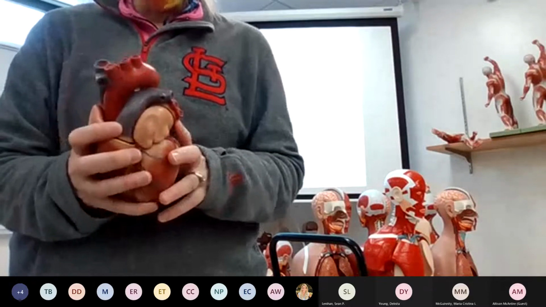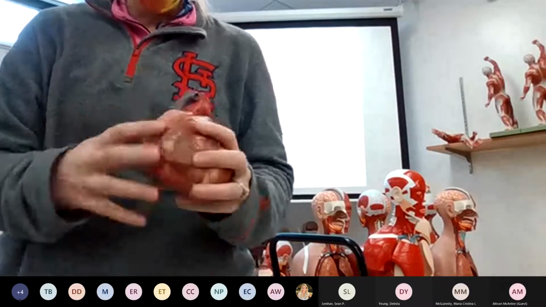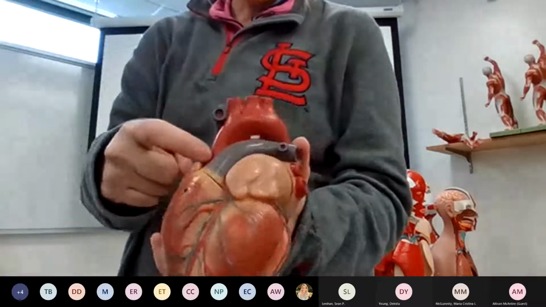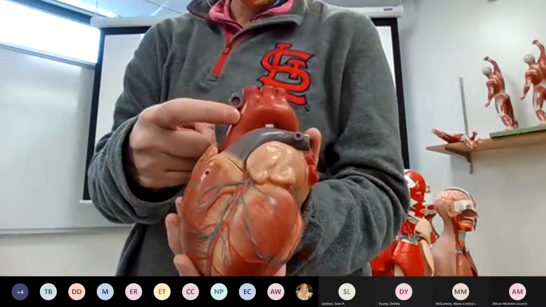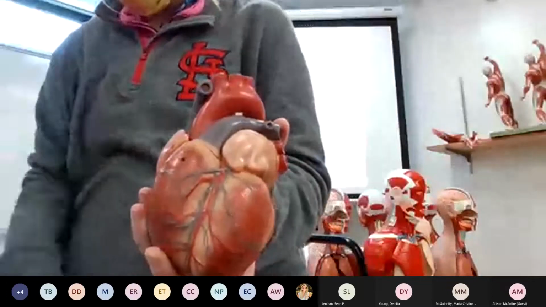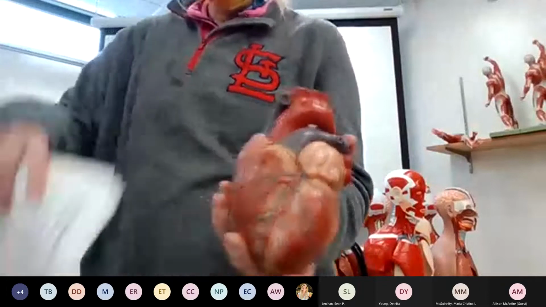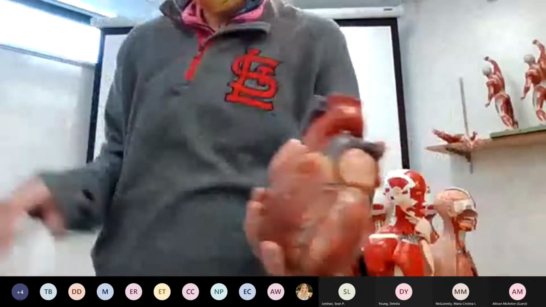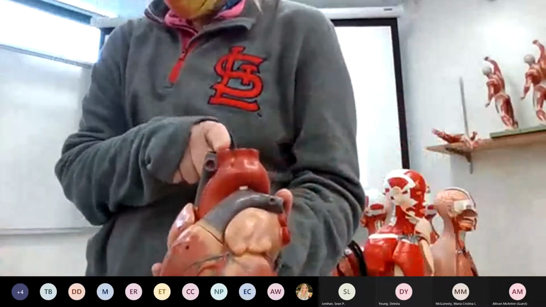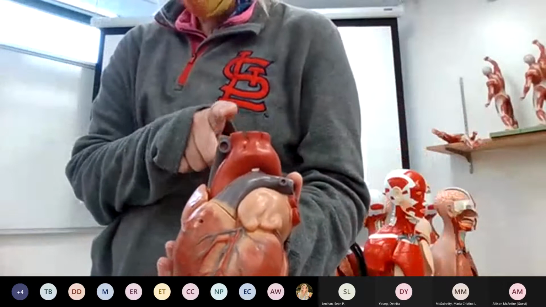Okay, so again, coming off the aorta here, the first vessel, and this is beginning to be the page in your lab manual. Coming in this page, the first vessel is your brachiocephalic artery.